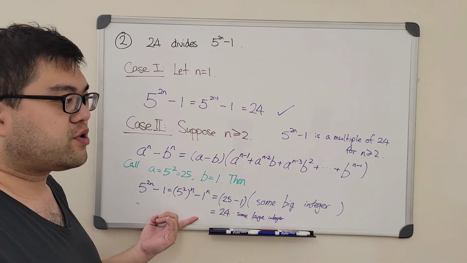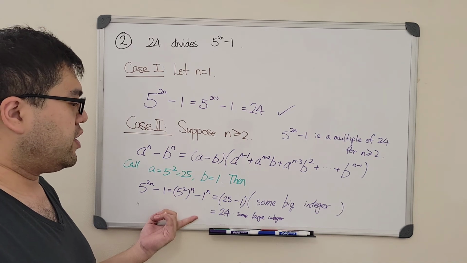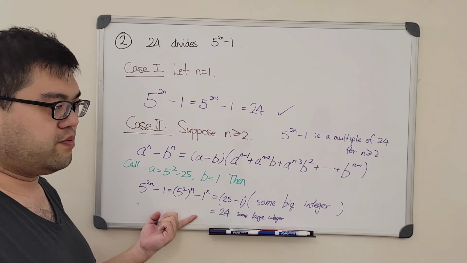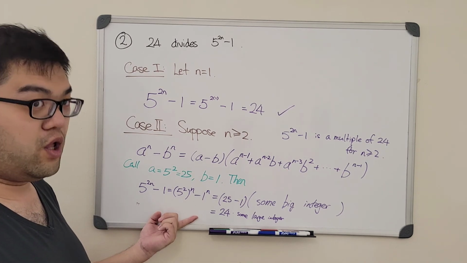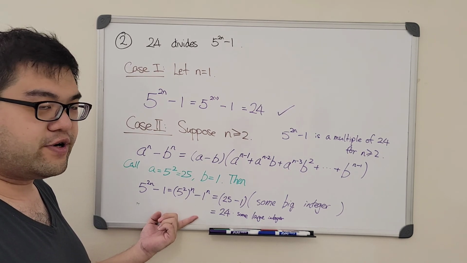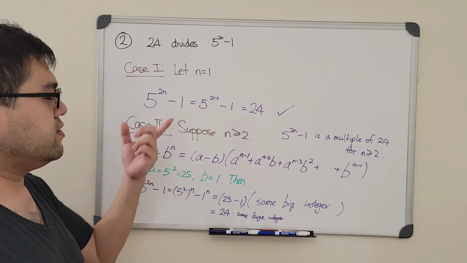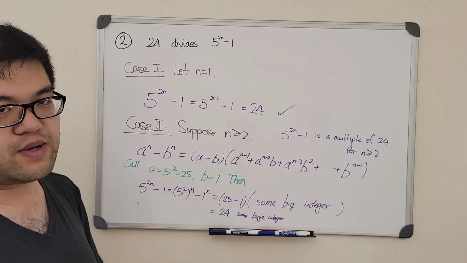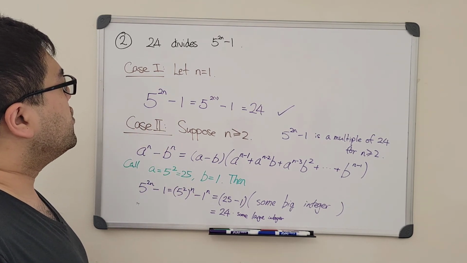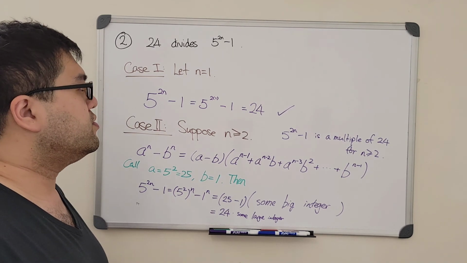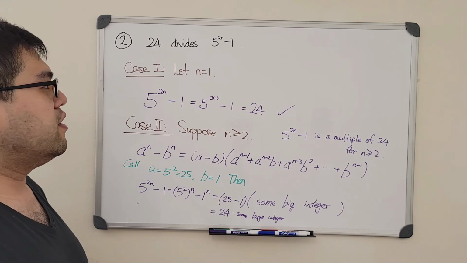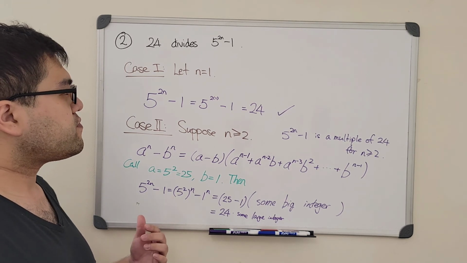But for the first problem, we can actually use some number theory tool that can make our proof a lot shorter and faster to finish. So in the next video, I'm going to introduce the tool that we didn't use for problem 1.